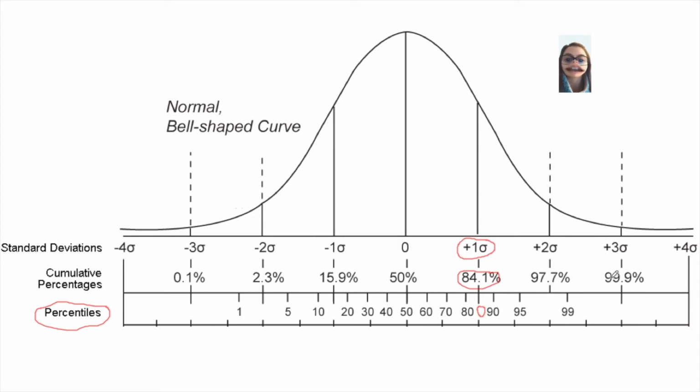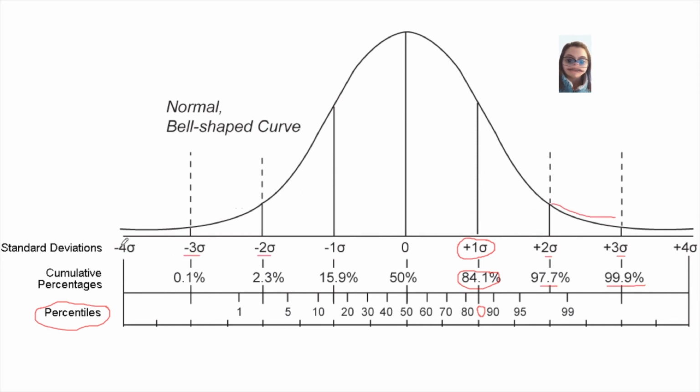So the takeaway here is as the standard deviation gets higher, not necessarily larger, but higher in terms of becoming more positive, like positive 1, positive 2, positive 3, percentile rank is getting higher, meaning that fewer and fewer people exist in that interval of the distribution.